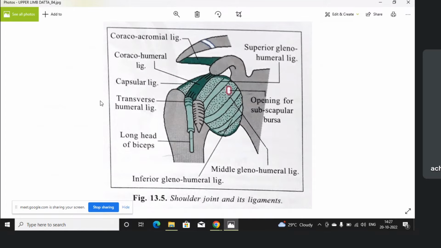Next, coracoacromial ligament. And another ligament is the glenoidal labrum, write that also.